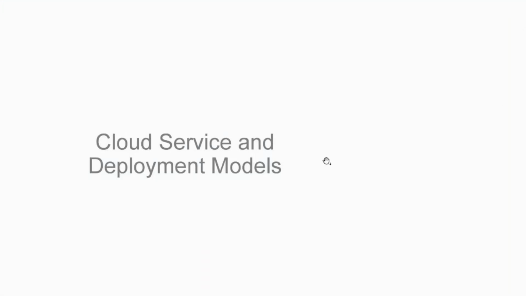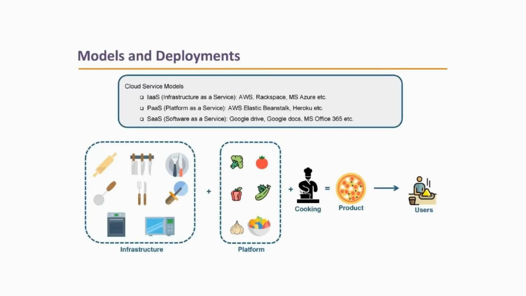So actually, let's talk about cloud service and deployment models today. Basically, there are three types of service models. One is IaaS, second is PaaS, and third is SaaS: infrastructure as a service, platform as a service, software as a service.